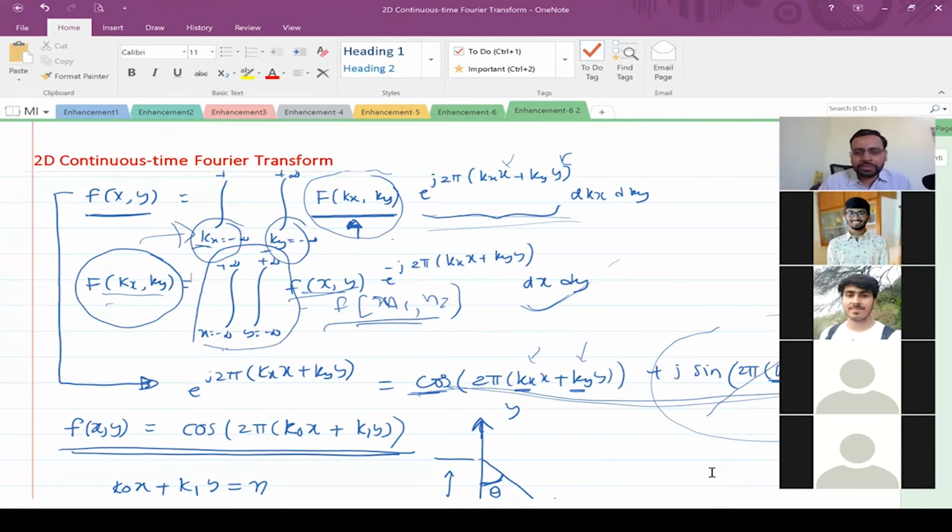For the time being assume f of xy is continuous, it doesn't really matter, the same thing is applicable even when it is discrete. Then these copies are placed now. Again in 2D, the aliasing could come from either x or y, which means the copies are placed left and right in case of 1D, and now top and bottom also in case of 2D.